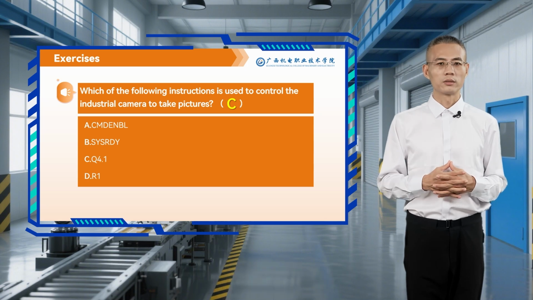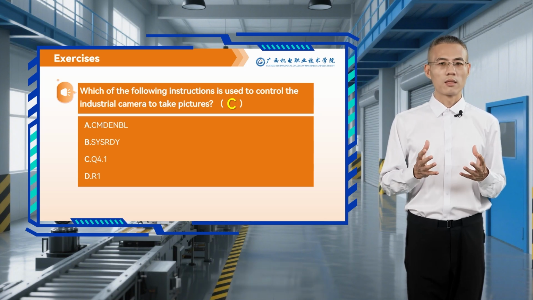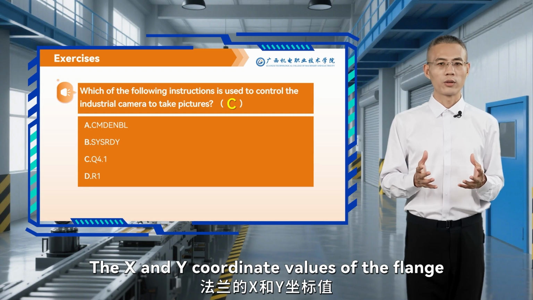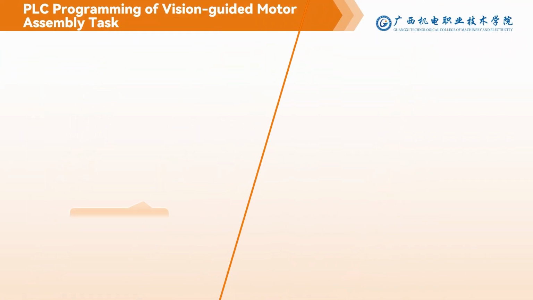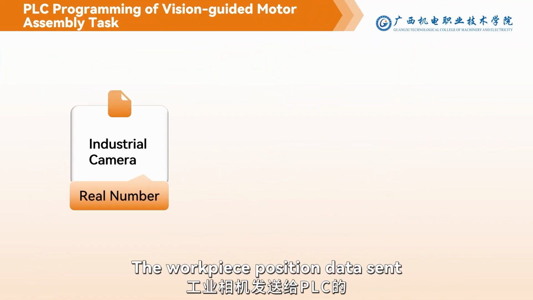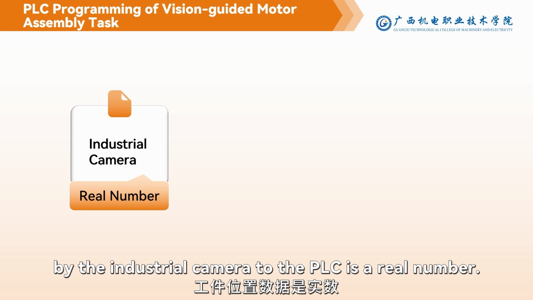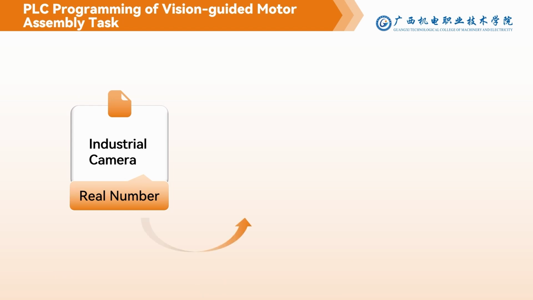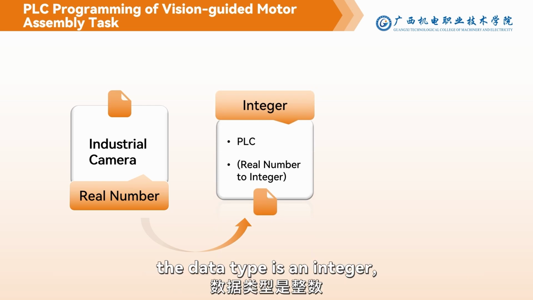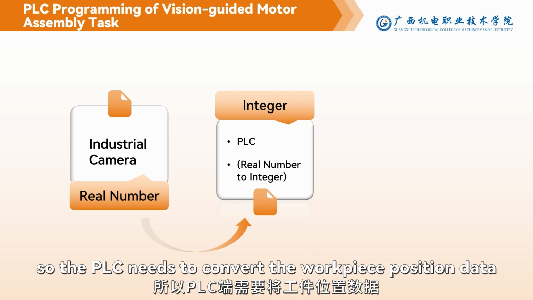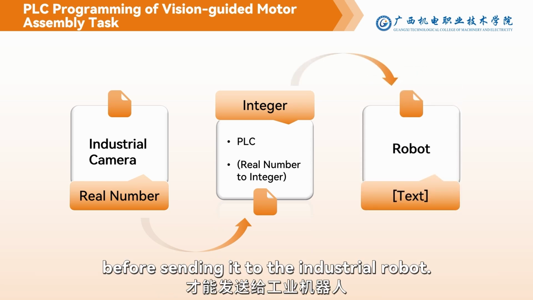Okay, let's keep going. So, how to send the X and Y coordinate values of the flange to the industrial robot? The workpiece position data sent by the industrial camera to the PLC is a real number. When the PLC communicates with the Fanuc robot, the data type is an integer, so the PLC needs to convert the workpiece position data into an integer before sending it to the industrial robot.